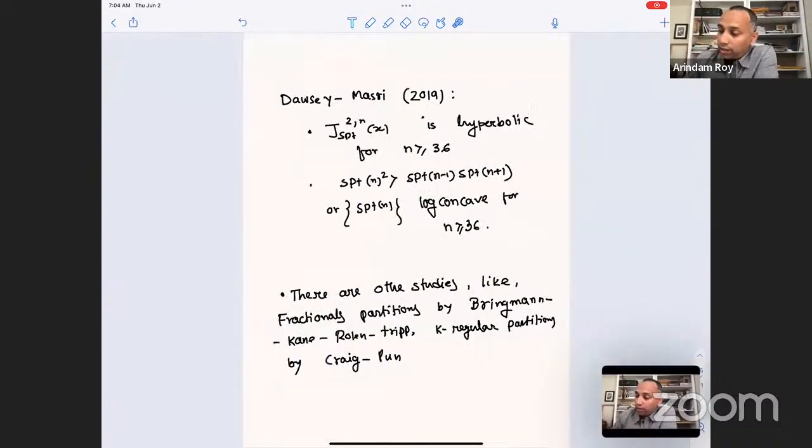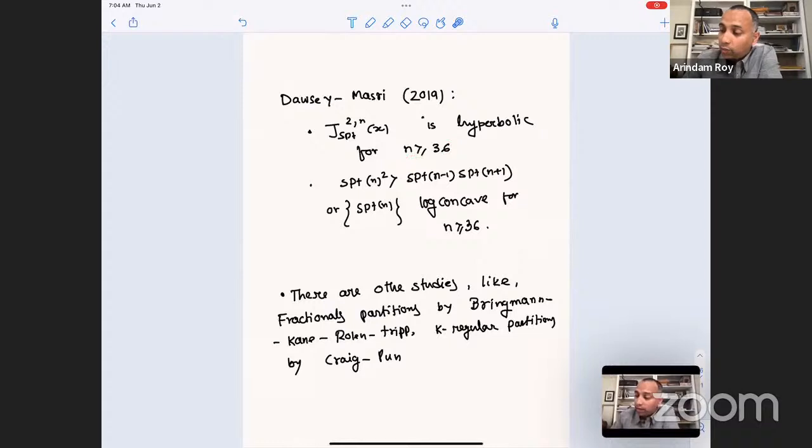I was looking at the literature, and I think there is only one paper I have found so far. This is work by Madeline Locus Dawsey and Riad Masri. They take the degree 2 Engel polynomial for spt(n), and they show it is hyperbolic for n bigger than 36.